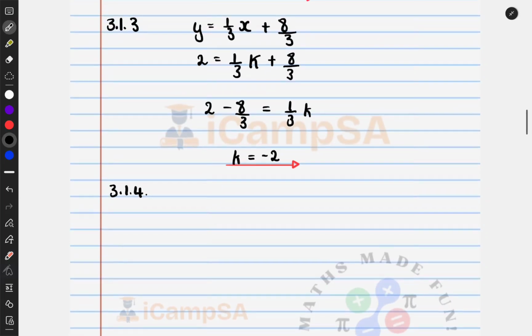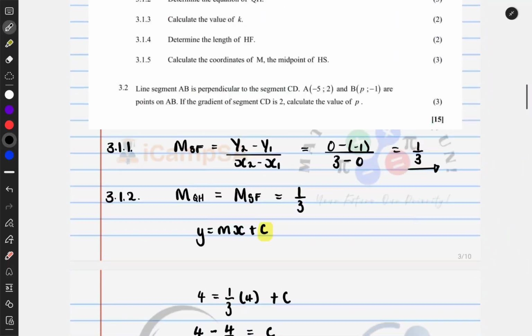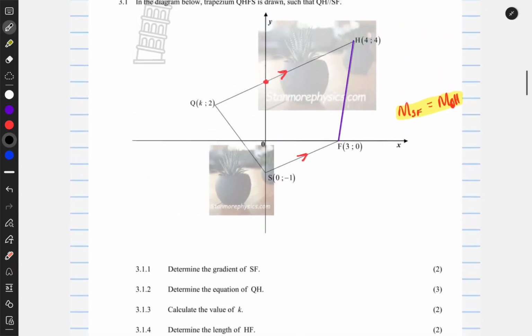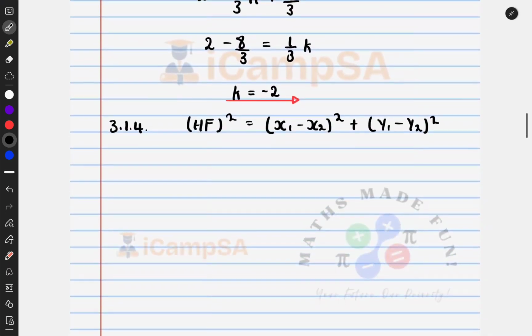For line HF, the length we are looking for, squared, is equal to (x1 minus x2) squared plus (y1 minus y2) squared. You can put it the other way and start with x2 minus x1, but we are referring to the coordinates of H and F. The coordinates of H are (4, 4), and the coordinates of F are (3, 0).